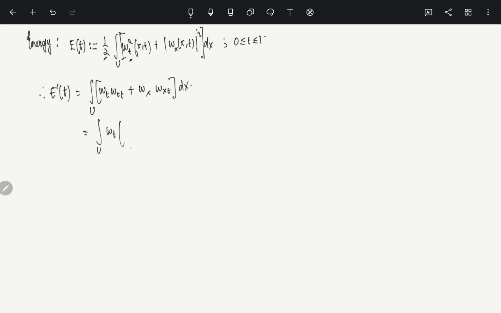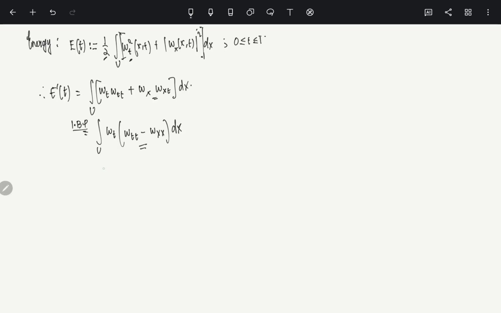So here what we will do is use integration by parts. If I use integration by parts, this becomes w_t times (w_tt minus w_xx). And on the boundary w is 0, so the boundary terms won't be there. So it becomes only the integral dx.